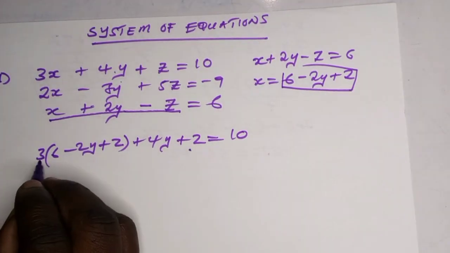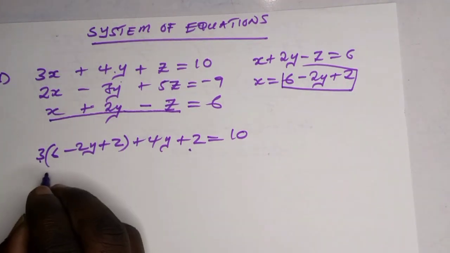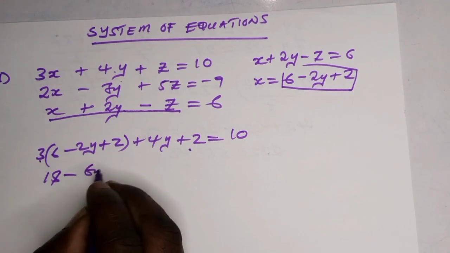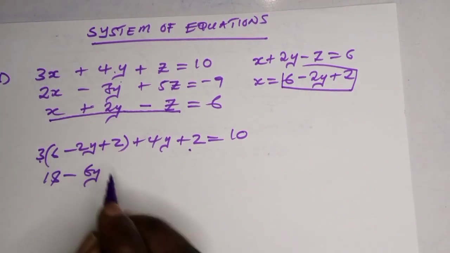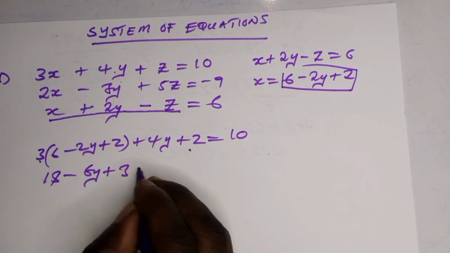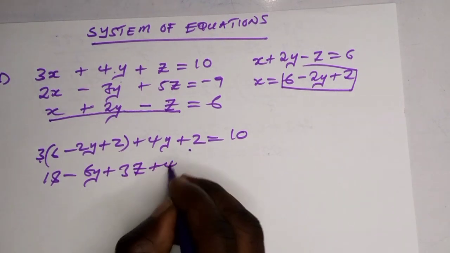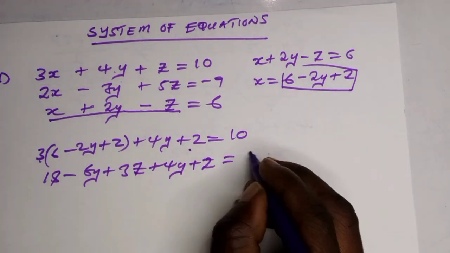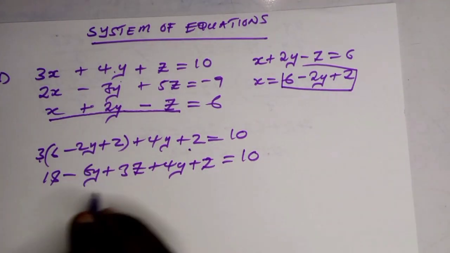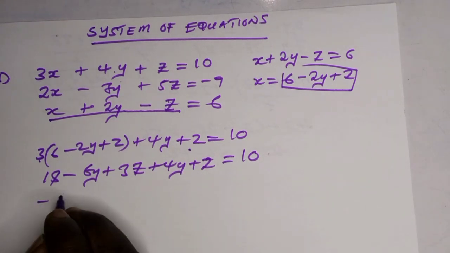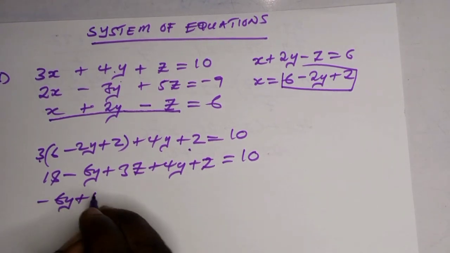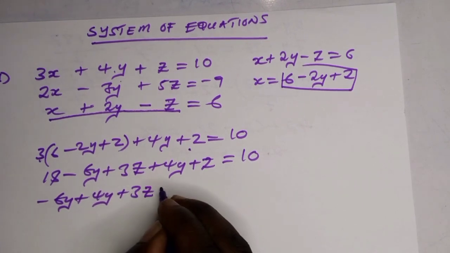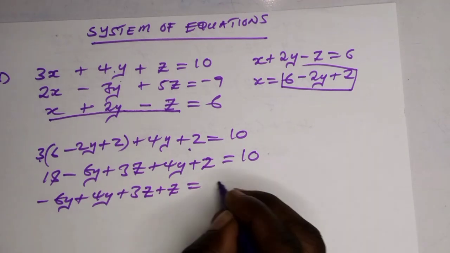Then 3 times 6 is 18, minus 3 times 2y which is 6y, 3 times z which is plus 3z, plus 4y plus z equals 10. Let's collect the like terms: minus 6y plus 4y plus 3z plus z equals 10.